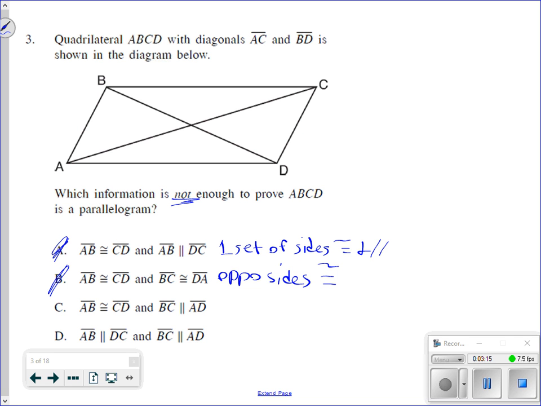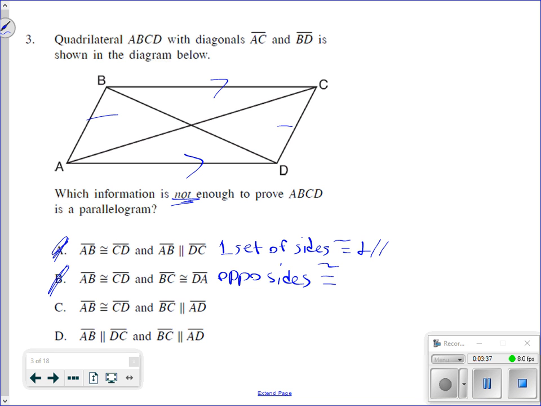Choice C says AB is congruent to CD, and BC is parallel to AD. So if we look at that, this has one set of sides congruent and a different set of sides parallel.